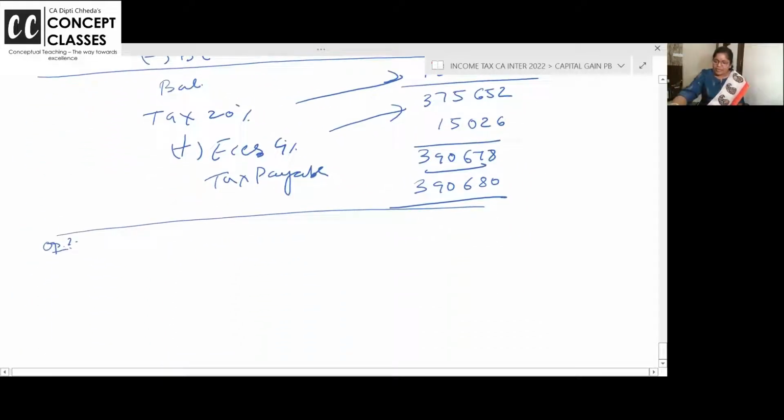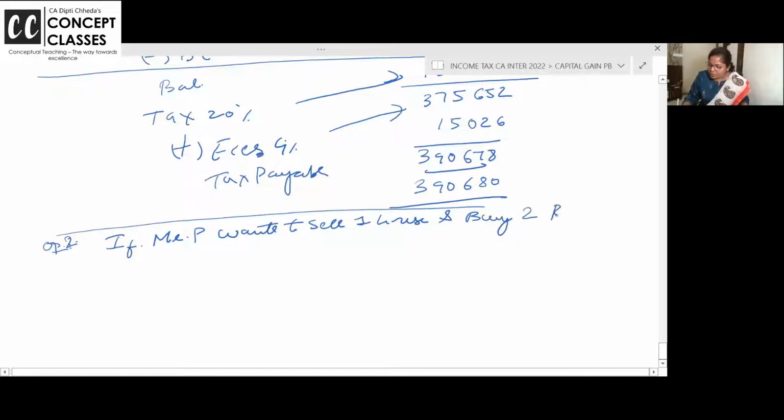I want all of you to write a note as option 2, and then I will explain from the book also. If Mr. P wants to sell one house and buy, see, right now he purchased one house of 8 lakh. Can he buy two residential houses? Two residential houses.